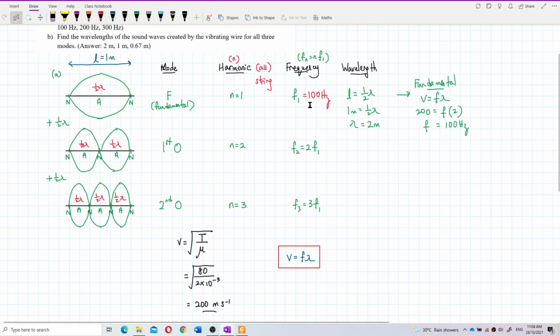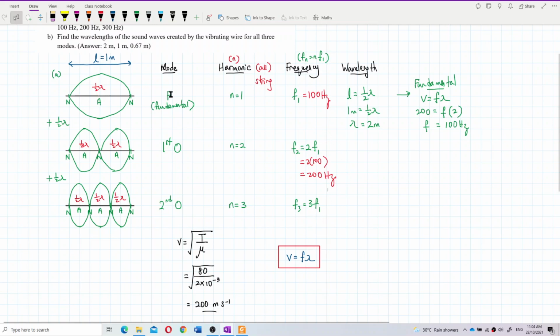Okay. So what's my second harmonic frequency? Second harmonic frequency is twice the fundamental frequency. So it's 2 times 100, so I got 200 hertz. That's my second harmonic frequency. And then what's my third harmonic frequency?